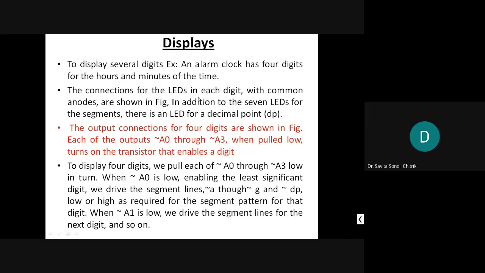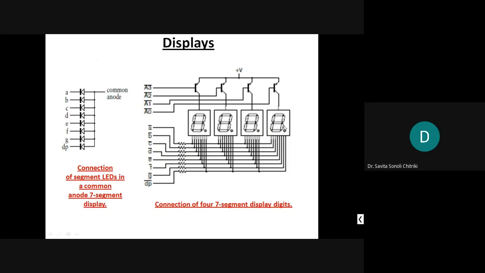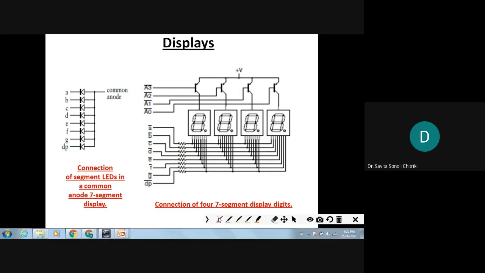So the connections for the LEDs in each digit with common anodes are shown in the figure. In addition to the 7 LEDs for the segments, there is an LED for the decimal point also. These are the 7 segments, 1 2 3 4 5 6 7, and apart from these there is a decimal point to indicate the dots. This decimal point DP is also used along with the 7 segments, right?